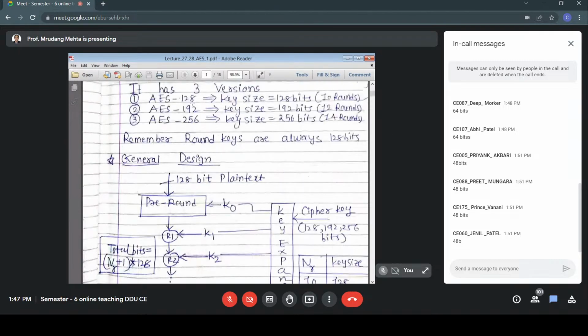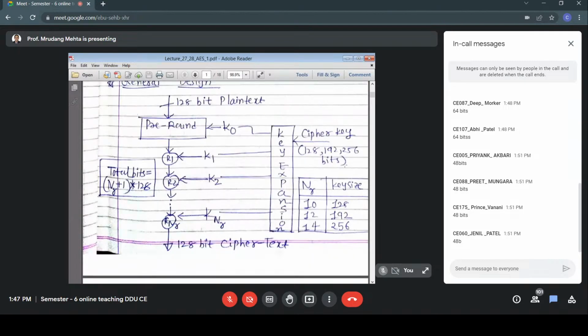As per the three versions, 128, 192, and 256, key expansion is used, and it generates a number of round keys.